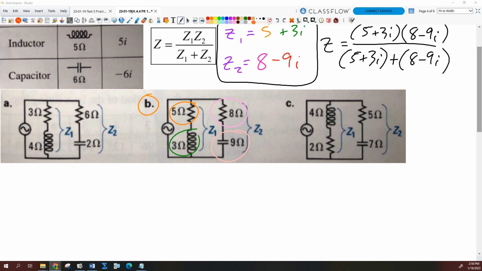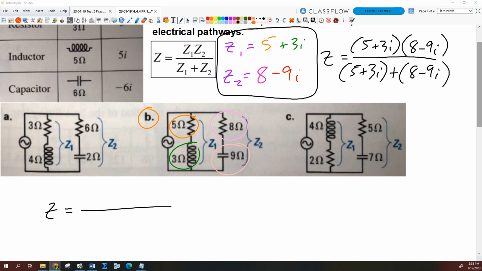Okay, so what's that give us then? We've got to FOIL the top, exactly. So on the top, if we FOIL that out, let me rewrite that. That's going to be too hard to see the whole thing.